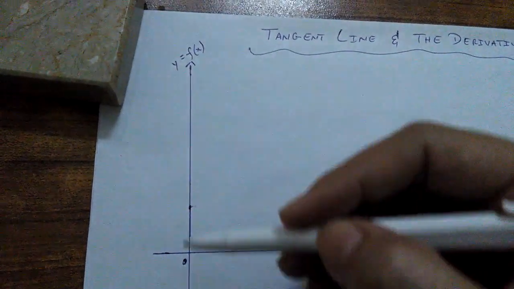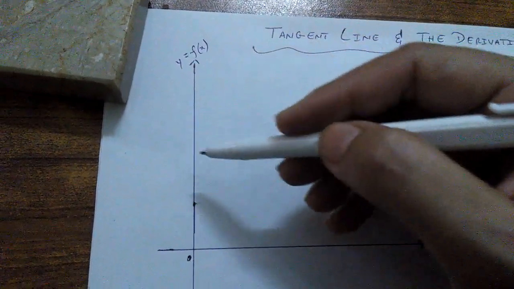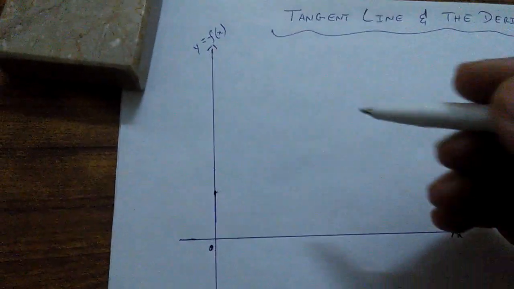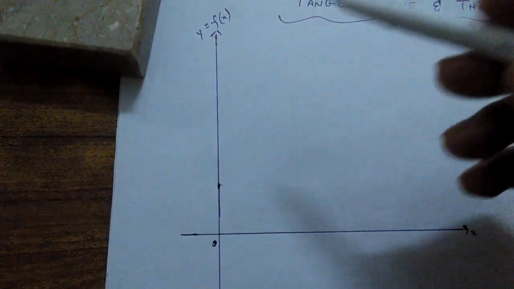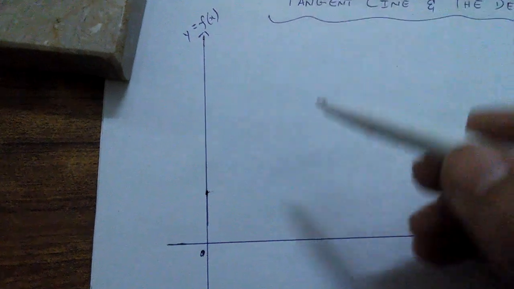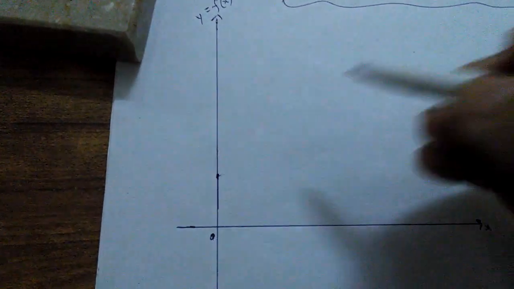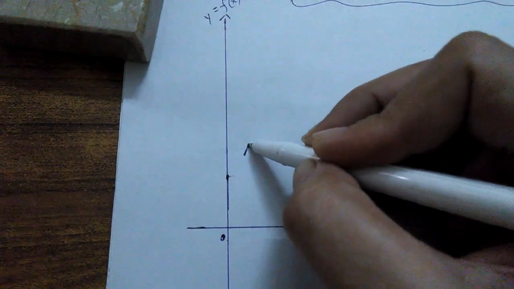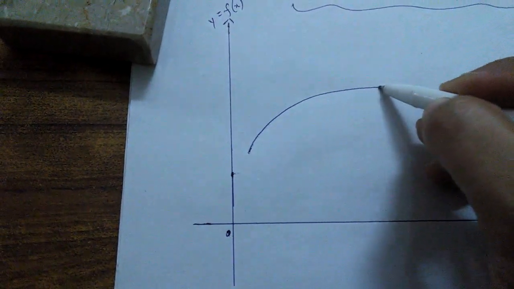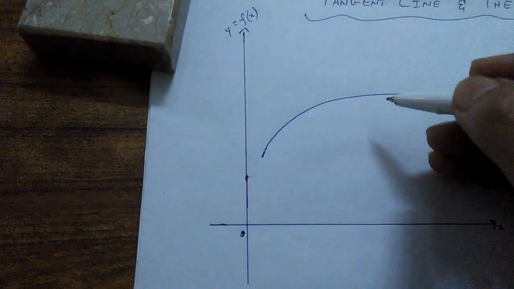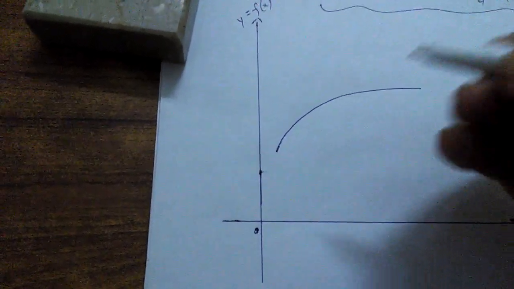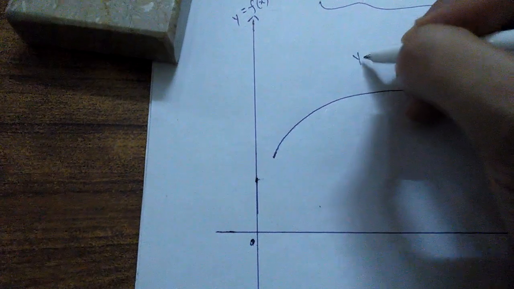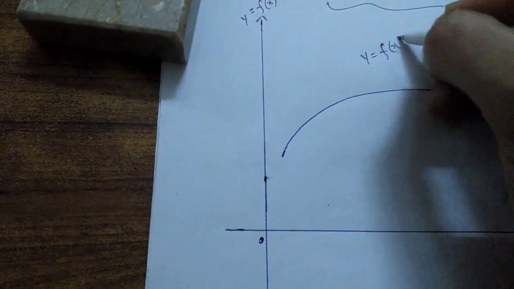On the x-axis we simply use the value of x, and we plot a curve representing this function equation. For example, on plotting, I just got a curve like this. This is a curve representing y equals f of x, and f of x is any function.